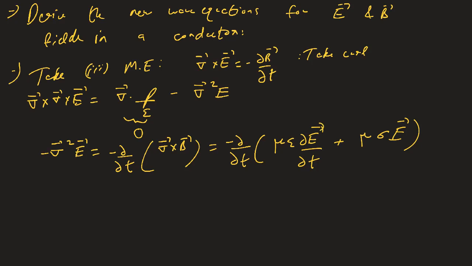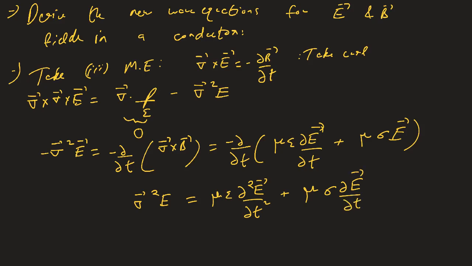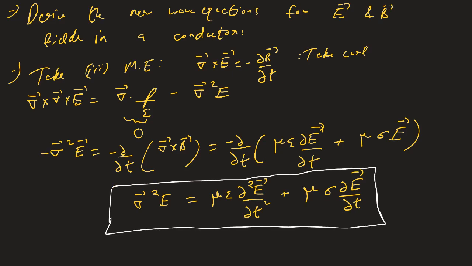Now we can write this in a more compact form neatly as del squared E equal to mu epsilon partial squared E by partial t squared plus mu sigma partial E by partial t. Okay, so this is our new wave equation for the electric field. Okay, so this is our wave equation for E.